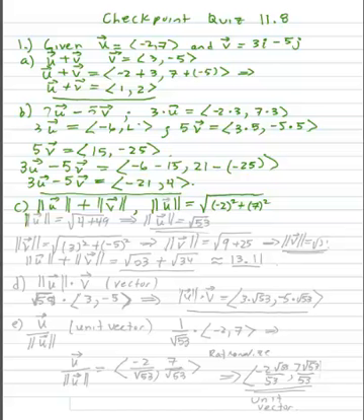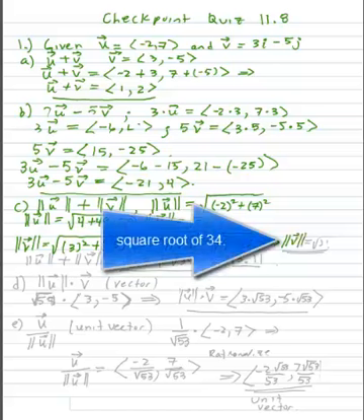Simplifying, the magnitude of u is equal to the square root of 4 plus 49, and that simplifies to the square root of 53. Similarly, the magnitude of v is the square root of 3 squared plus -5 squared. Simplifying, the magnitude of v is the square root of 9 plus 25, and 9 plus 25 makes 34. So the magnitude of v is the square root of 34.